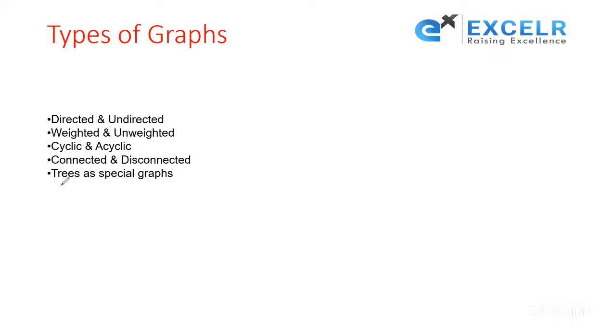Okay, then trees as special graphs. What is a tree, a graph? Can anyone tell me? Let us discuss this, then we'll go for a break. Is a tree a graph?